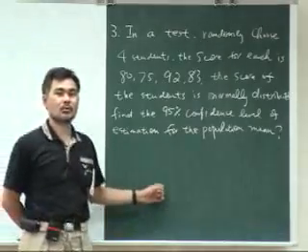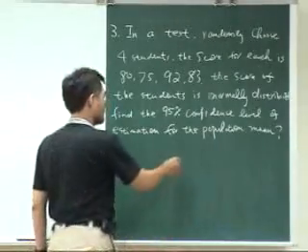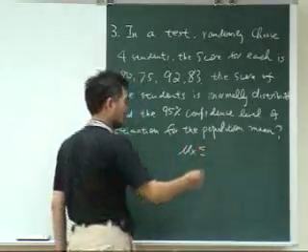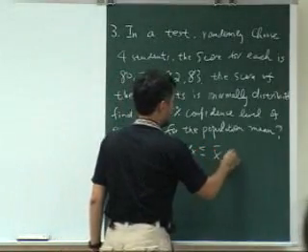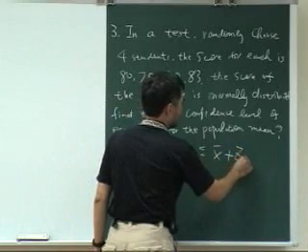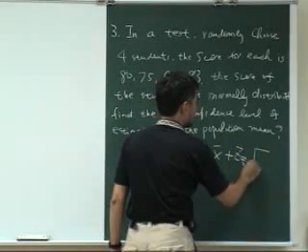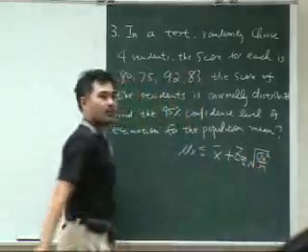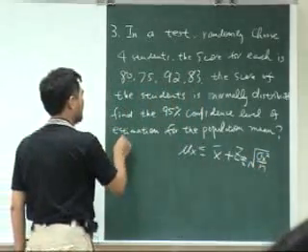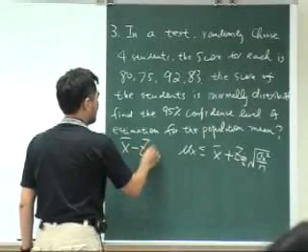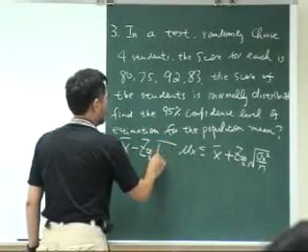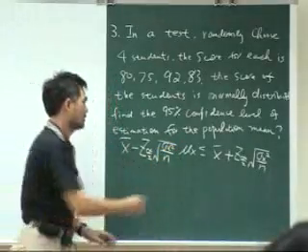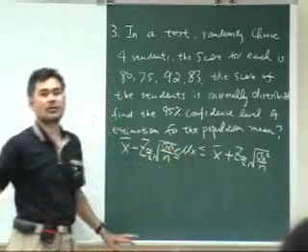Basically here you are required to use x bar minus z alpha over 2 times the square root of sigma x square over n, less than or equal to mu x, less than or equal to x bar plus z alpha over 2 times the square root of sigma x square over n. This is the formula you're going to use.